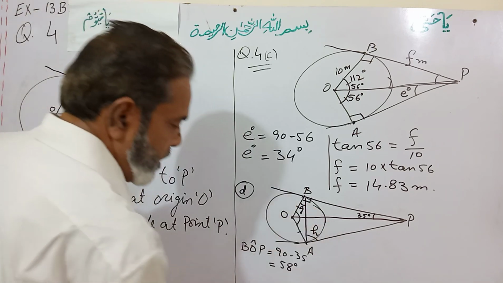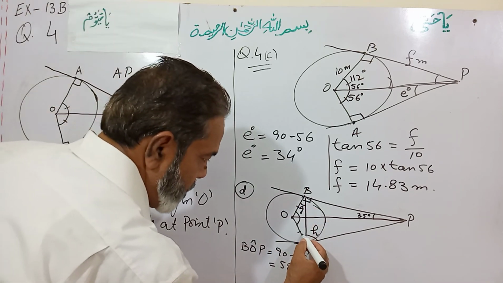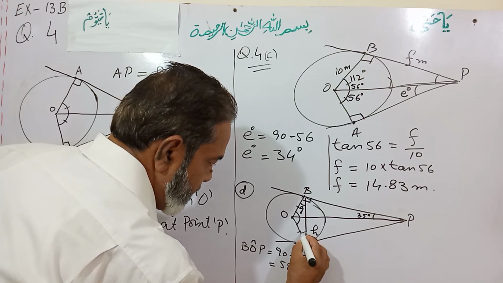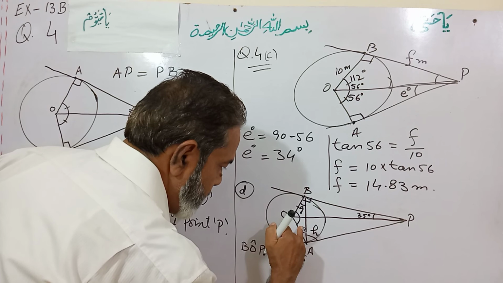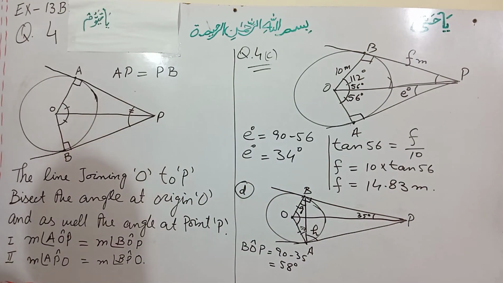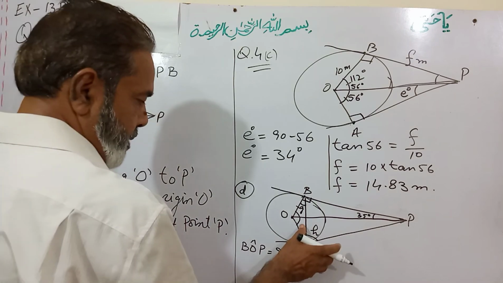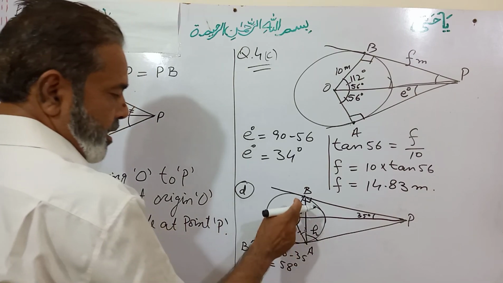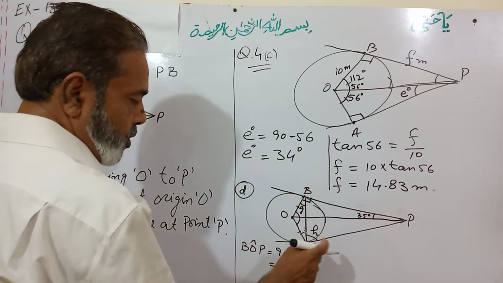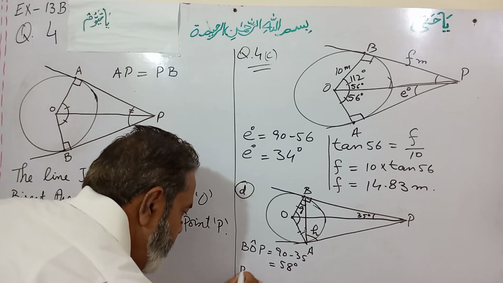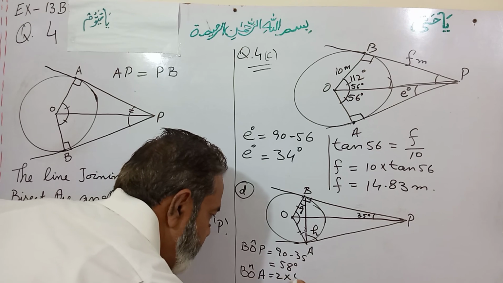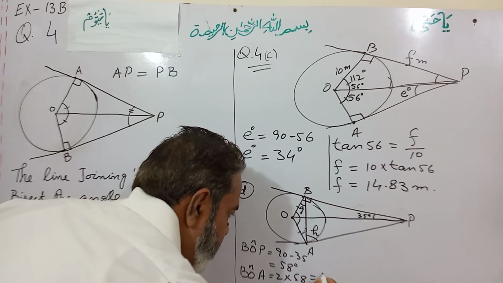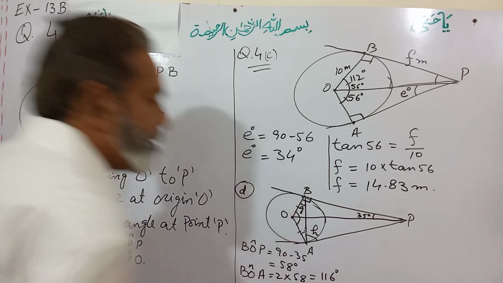So if this is 58, so this will also be 58, and the upper one is also 58. BOP is 58, and this whole angle BOA is equal to 2 multiplied by 58. So this will become 116 degrees.